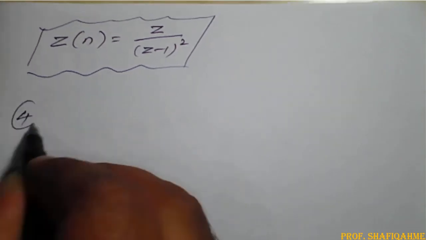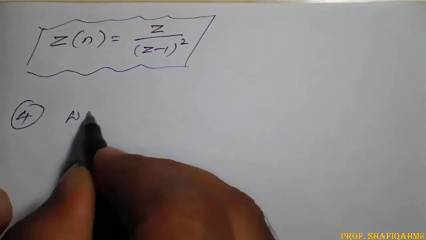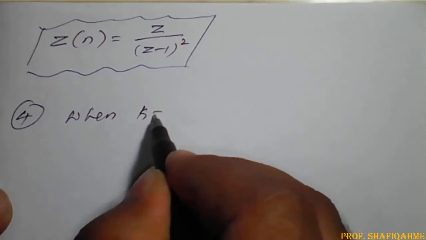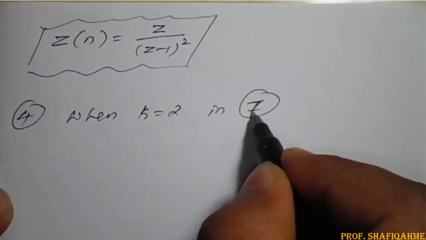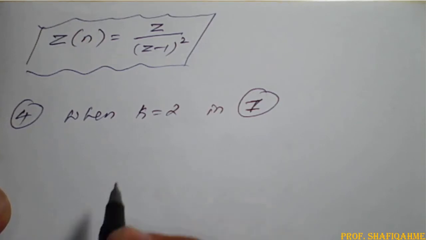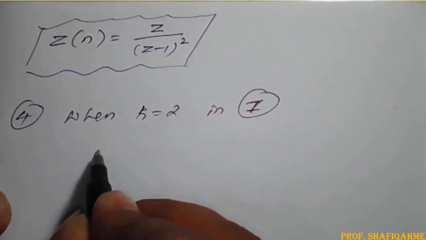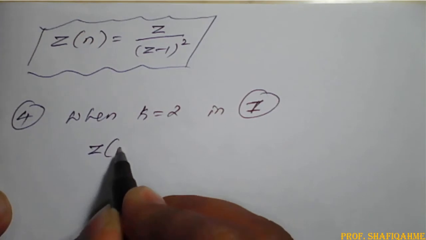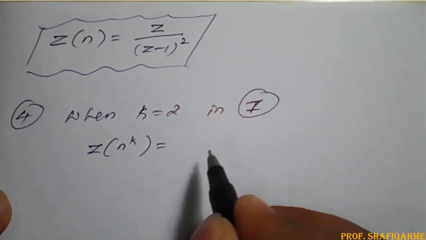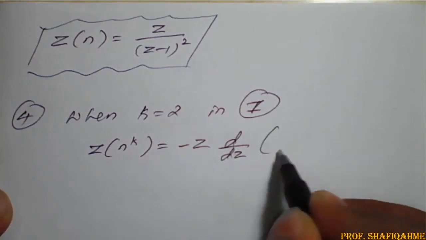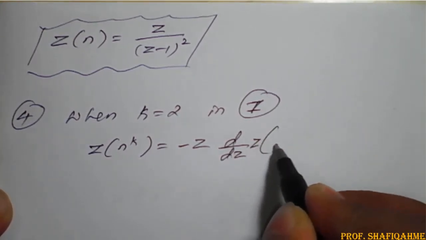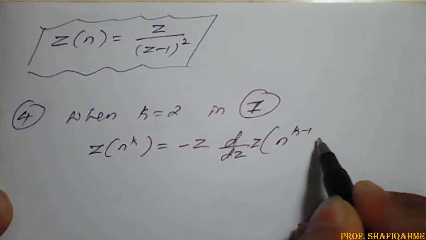Then the fourth result we'll see, when k is equal to 2 in result 1, that is z of n raised to k is equal to minus z d by dz of z transform of n raised to k minus 1.